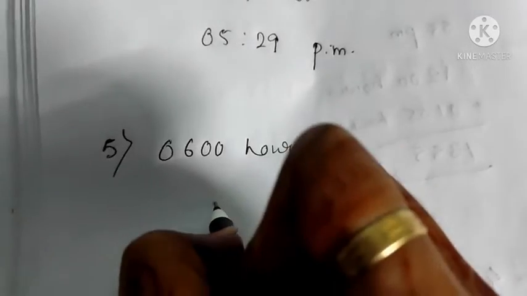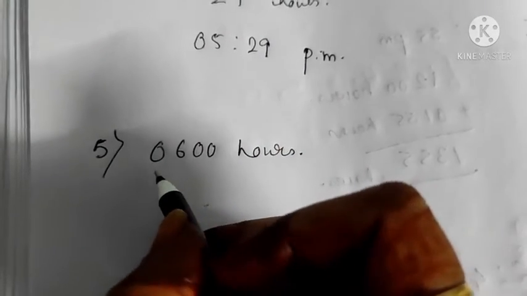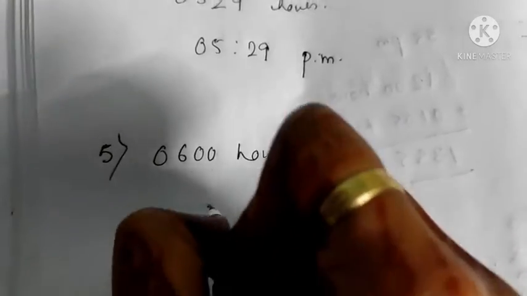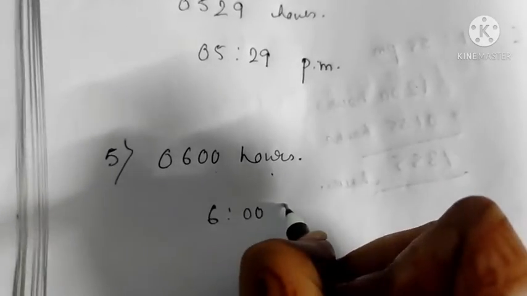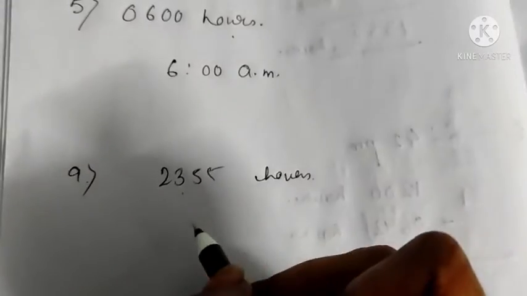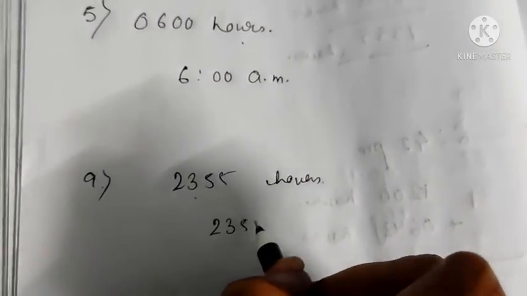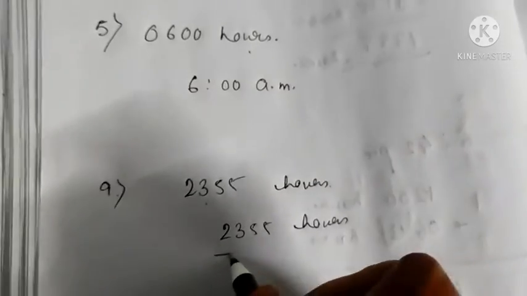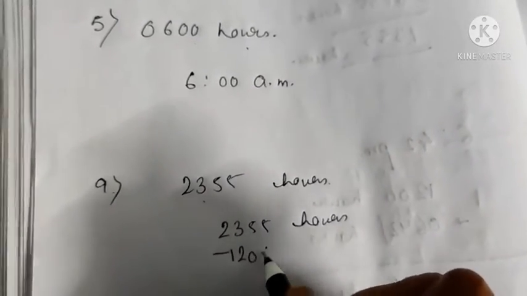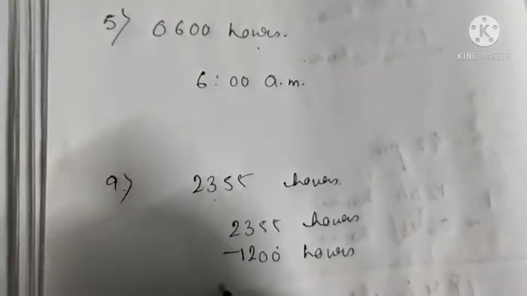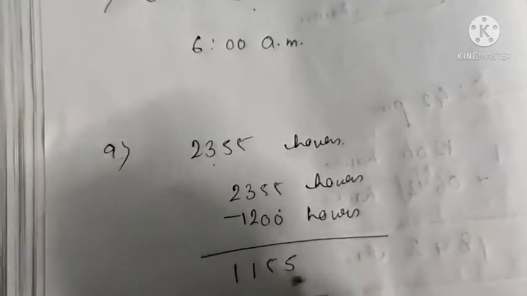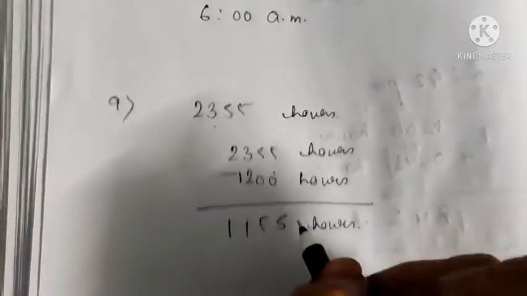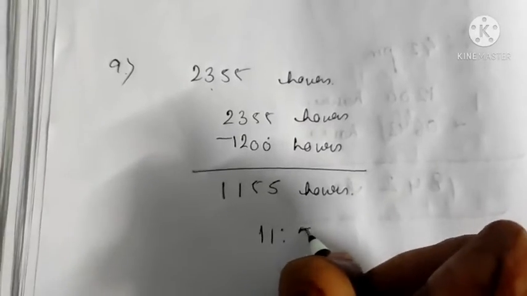Let's convert 0600 hours to 12-hour clock time, it is 6 a.m. Then 23:55 hours, to convert it into 12-hour clock time, that is 11:55 p.m.